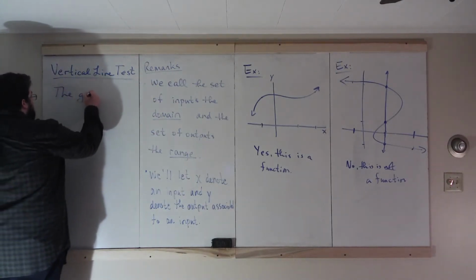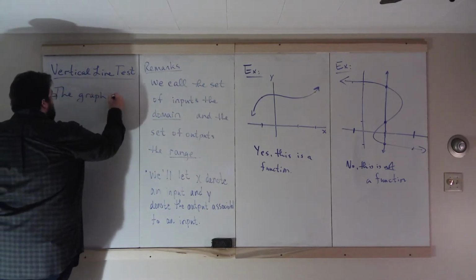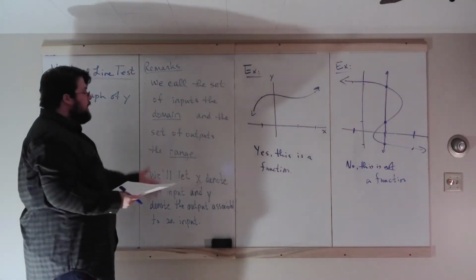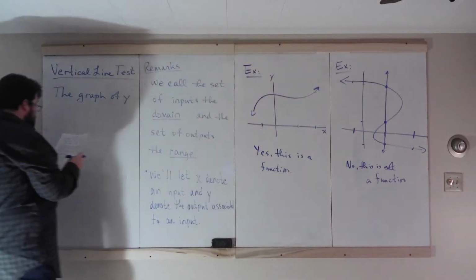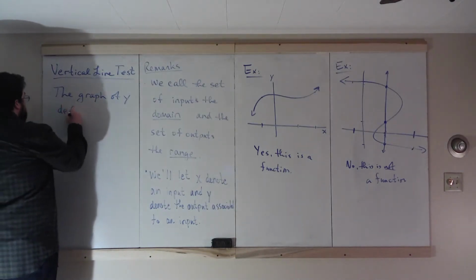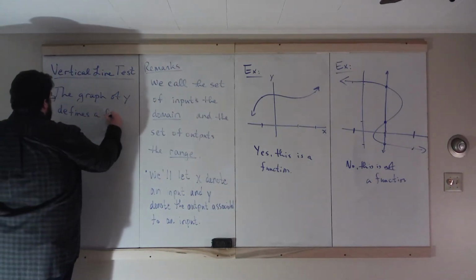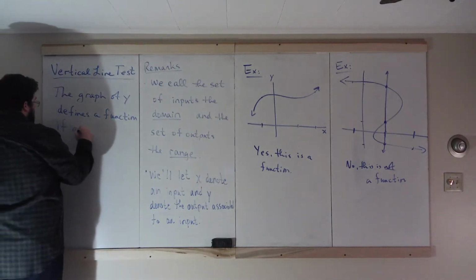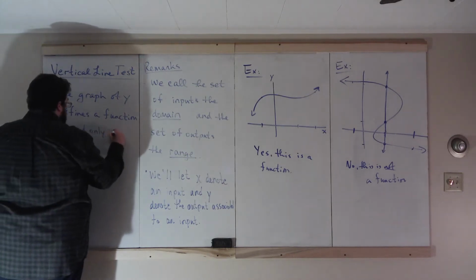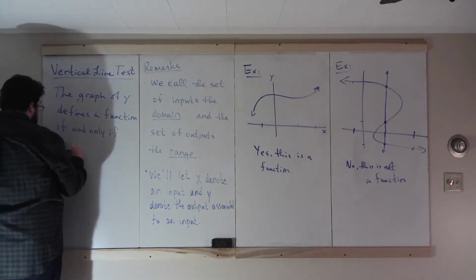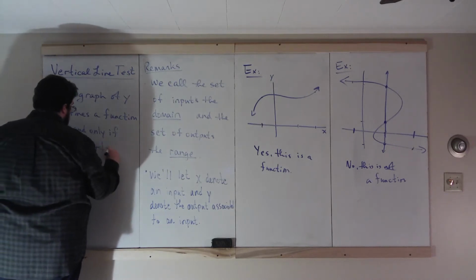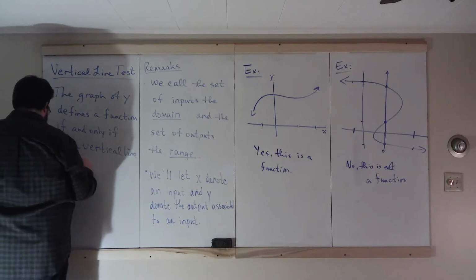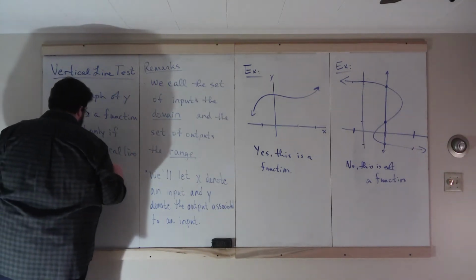The graph of y, meaning the graph defined by this set notation, defines a function if and only if each vertical line intersects the graph.